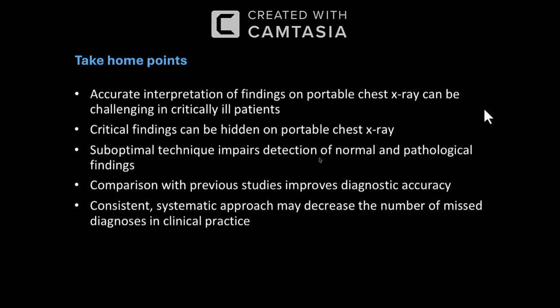Suboptimal technique usually impairs the detection of normal and pathological findings, especially in very complex cases or very sick patients, where it is difficult to get good X-rays. Comparison with previous studies has to always be there, especially when you're dealing with ICU X-rays, and it can definitely improve diagnostic accuracy. You have to have a consistent, systematic approach, which may decrease the number of missed diagnoses in clinical practice as well as in the exams.